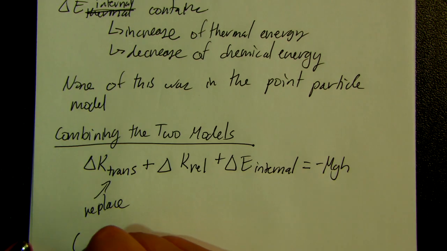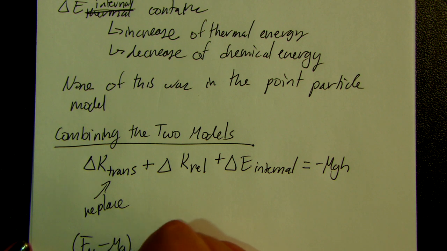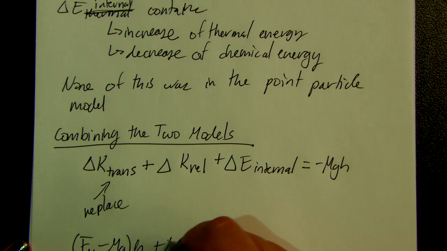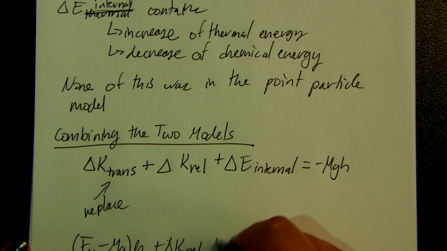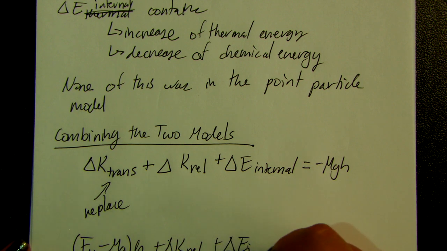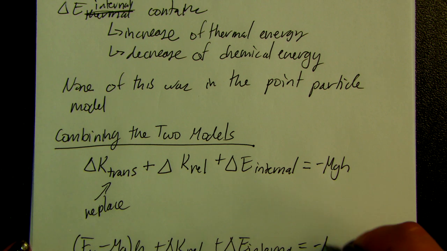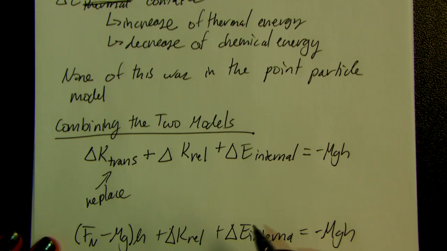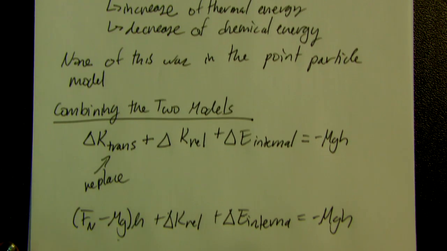So we would have Fn minus mgh plus delta K relative plus delta E internal equals minus mgh. Oh, we've got an mgh on both sides. They're both negative.